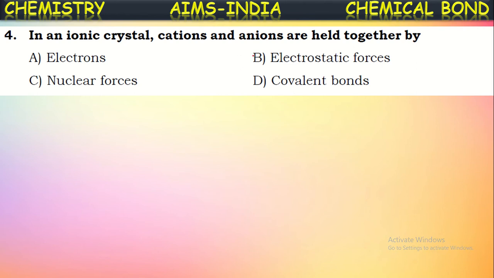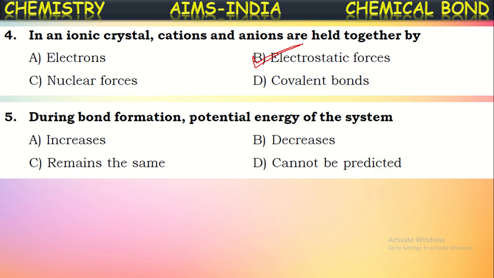Because of this, cations and anions are held together and they form ionic crystals. Next, during bond formation, potential energy of the system. After the bond formation, the potential energy of the system will decrease, and hence the system becomes more stable and least energetic.